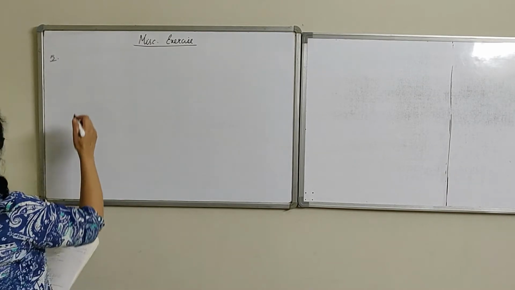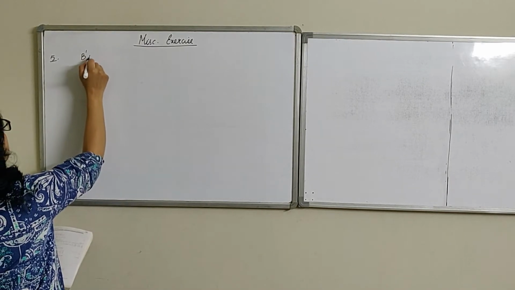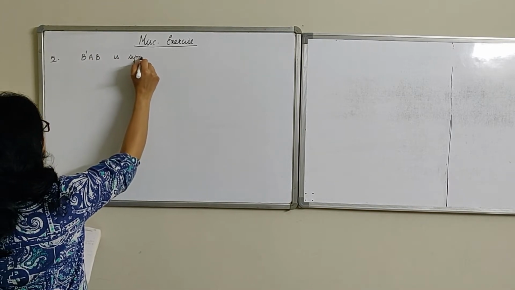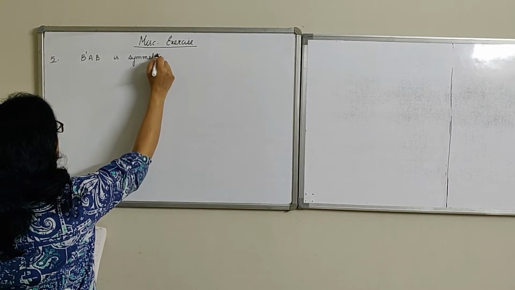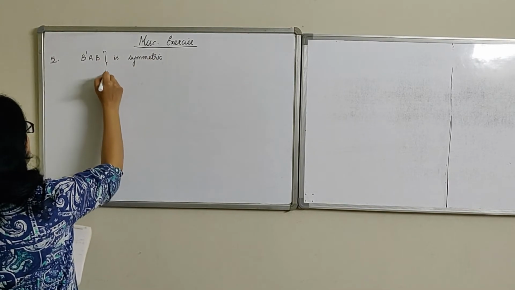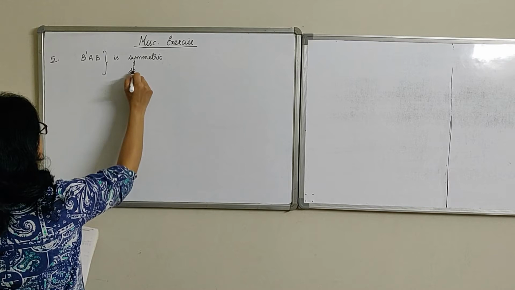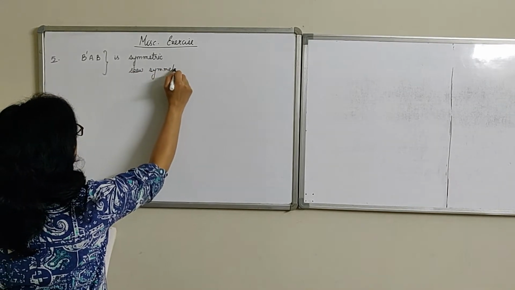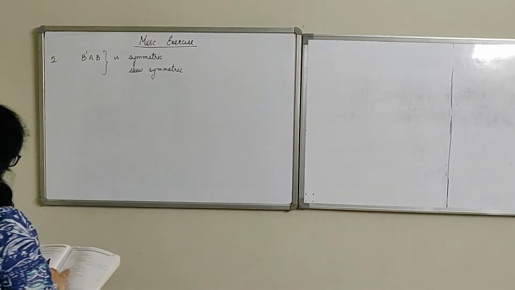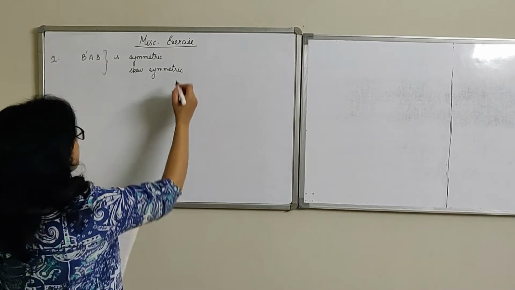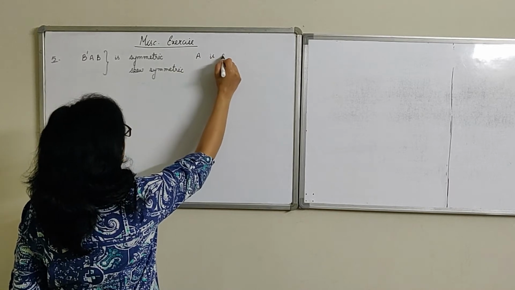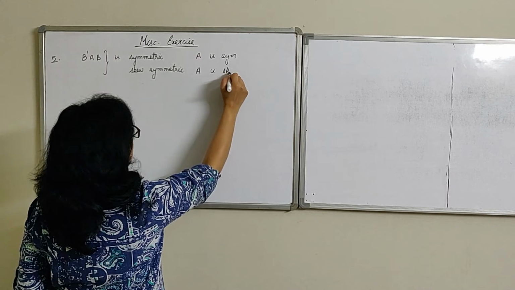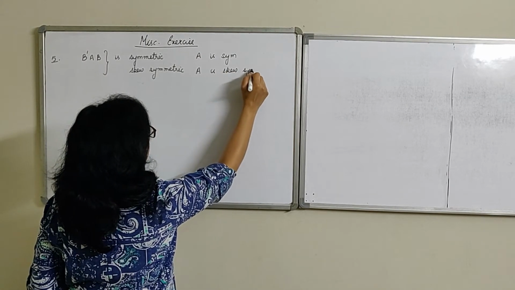a matrix is given. We have to show that this matrix is symmetric or this matrix is skew symmetric according as A is symmetric or A is skew symmetric.